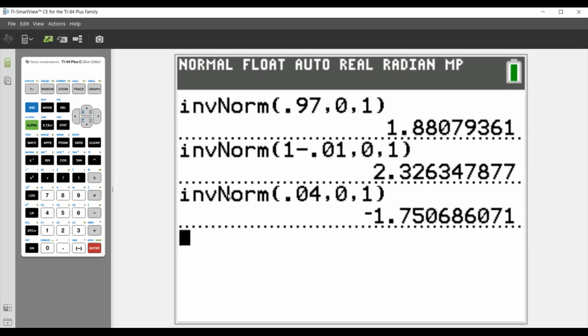So this is saying here, and this makes sense, the area to the left of negative 1.75 is 4% of the area under the curve, or 0.04. You could say the probability of z being less than negative 1.75 is 0.04.